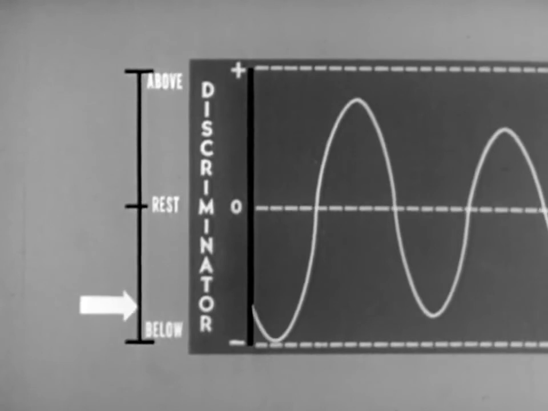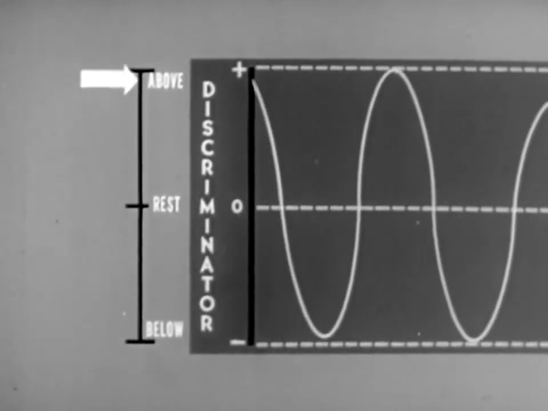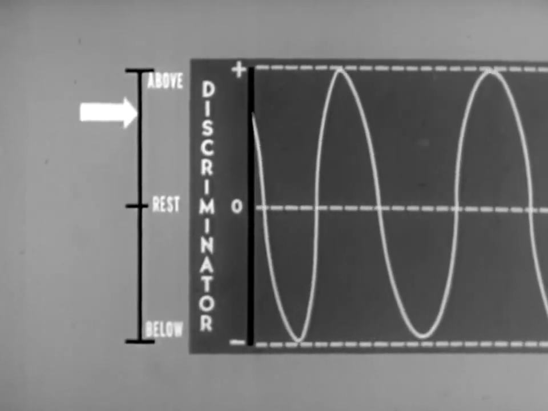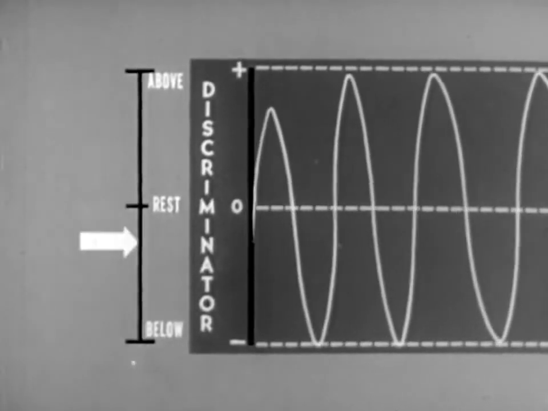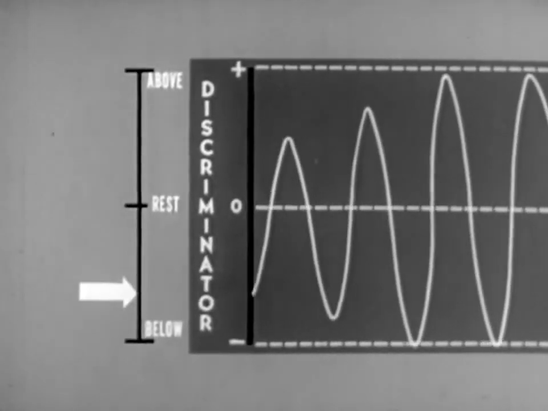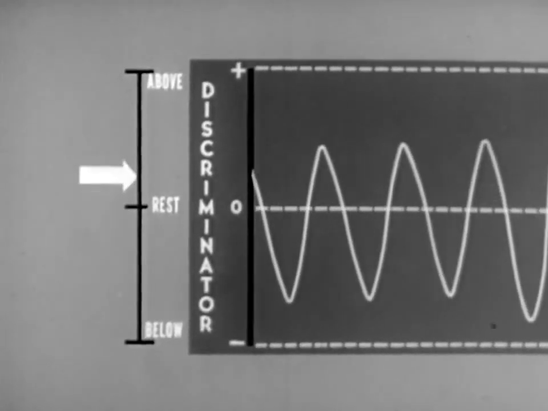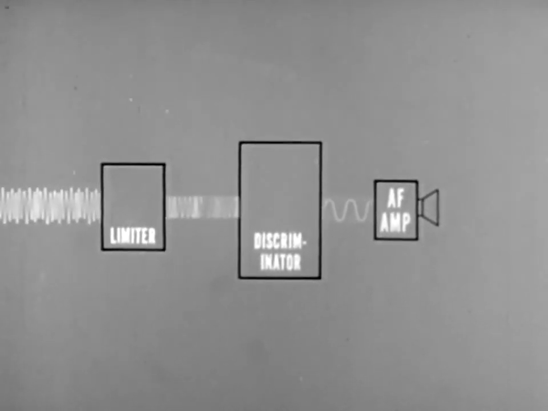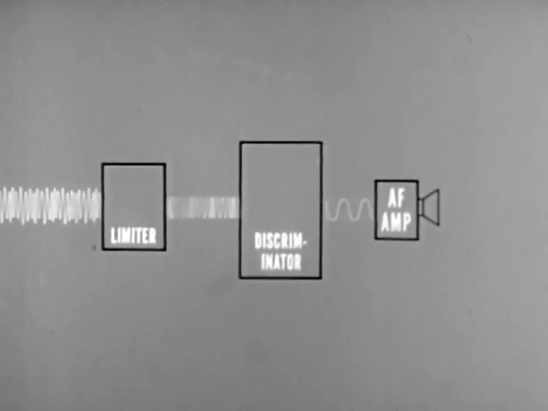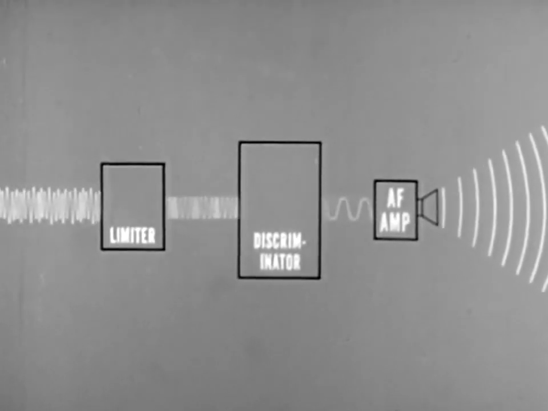In this way, we have transformed an RF carrier's frequency variations back into an audio frequency signal. From the discriminator, the audio goes into an audio amplifier, and from there to a speaker or headphone. The intelligence has completed the trip from transmitter to receiver.